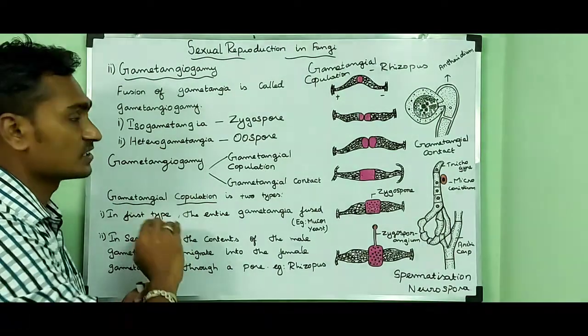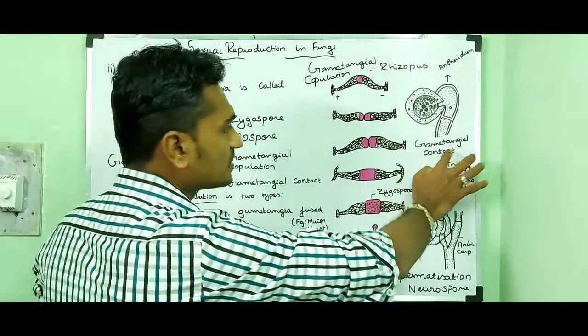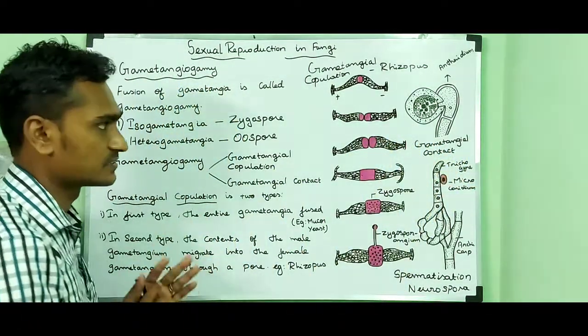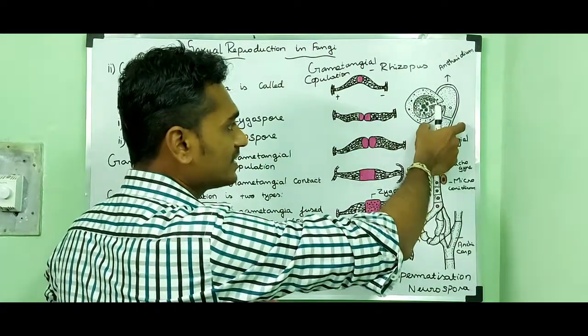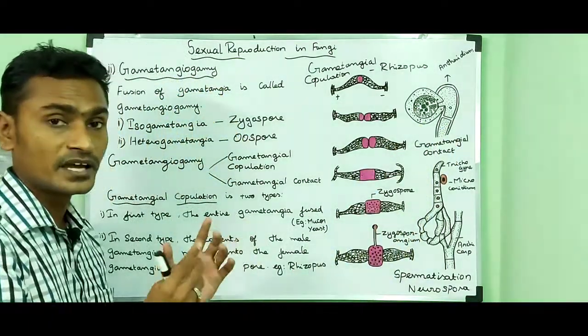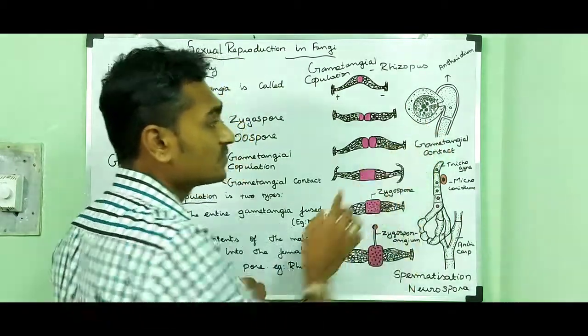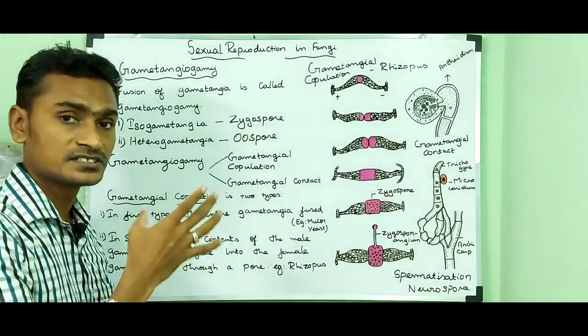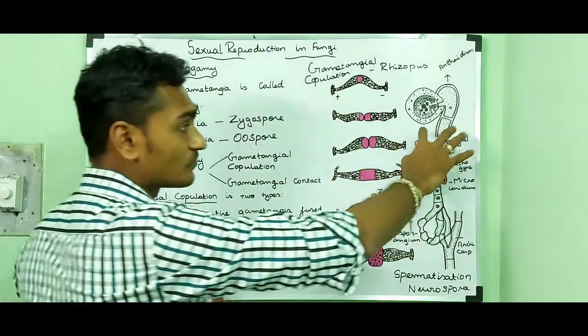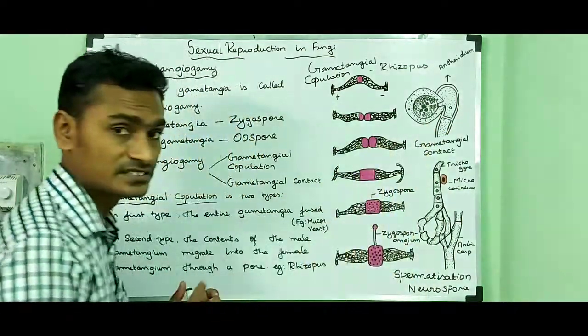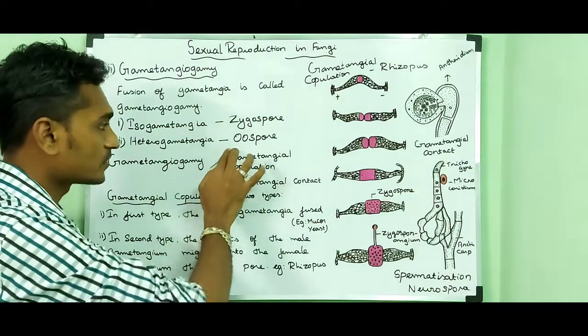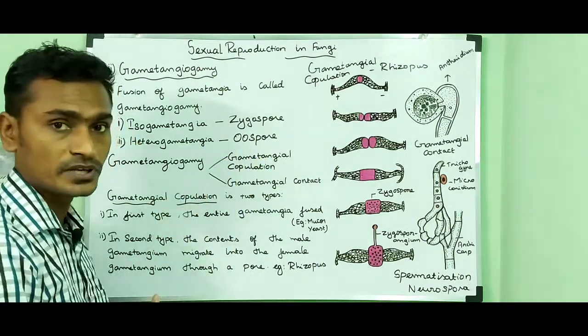For heterogametangia, we can take gametangial contact as an example. Here you can find the antheridium is club shaped and somewhat smaller. Then the oogonium is globular in shape and larger in size. So the fusion of two dissimilar gametangia results in the formation of zygote, and they are called oospore.